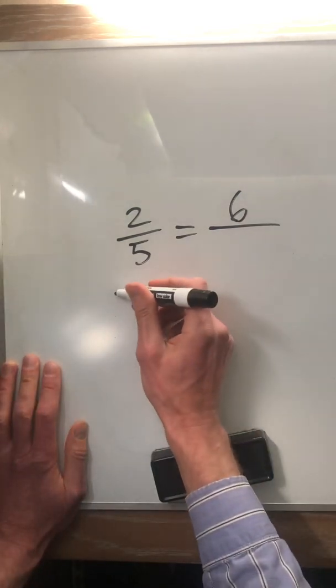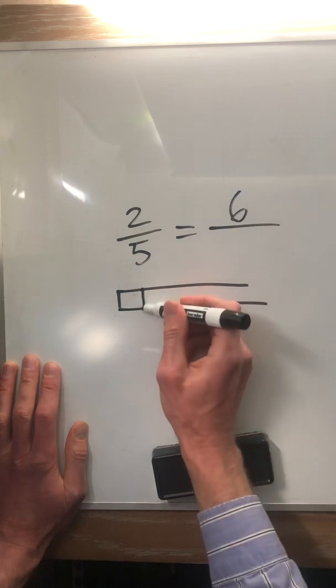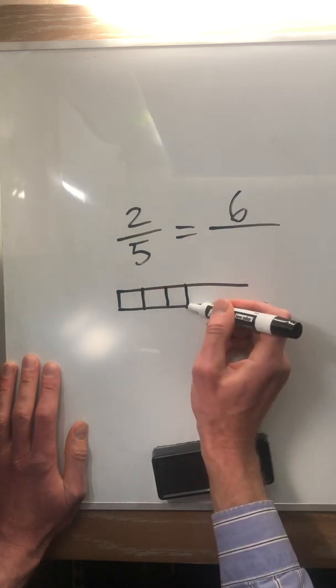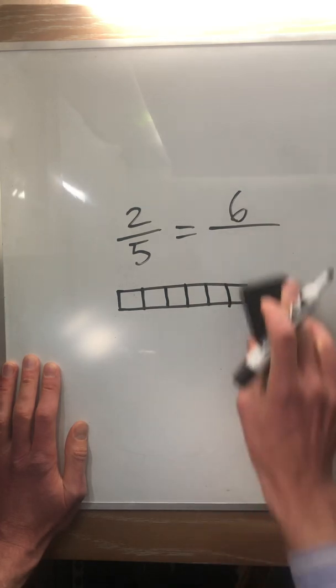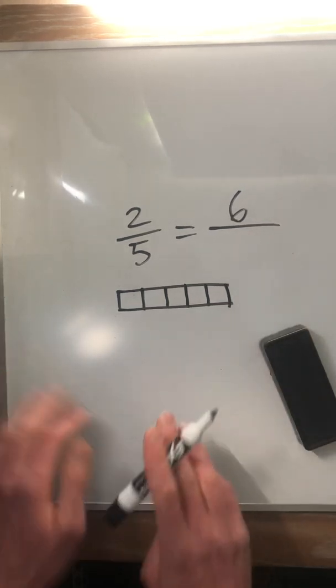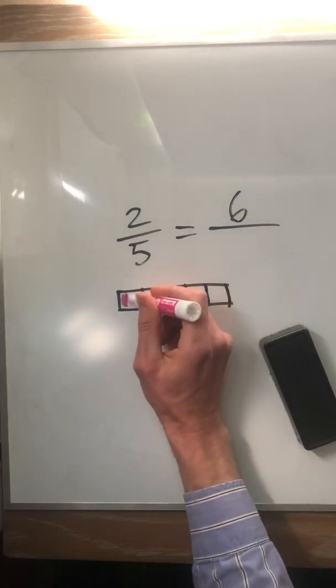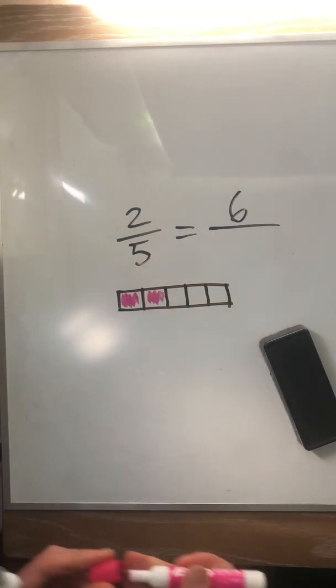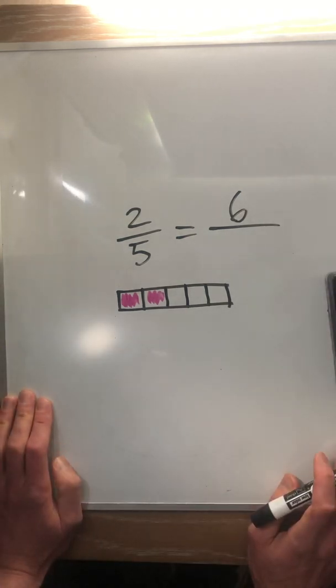And fifths are probably the easiest to do as a rectangle. So I might have 1, 2, 3, 4, 5. And if I have 2 of those fifths, they look like that. And then I have to think 6 what?